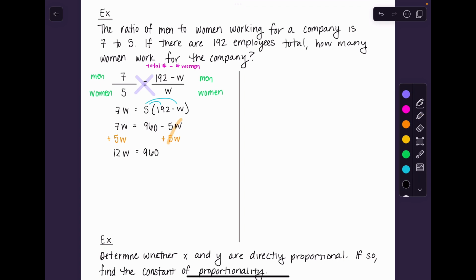Okay. And then one last step to solve for W, we go ahead and divide by 12. And this gives us W is equal to 80. So there are 80 women in the company.